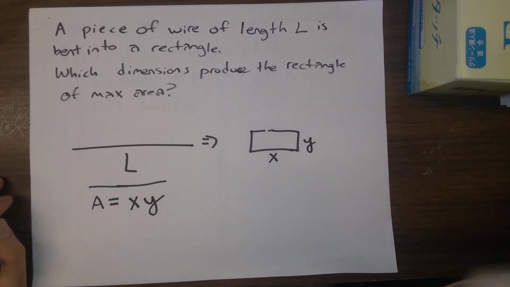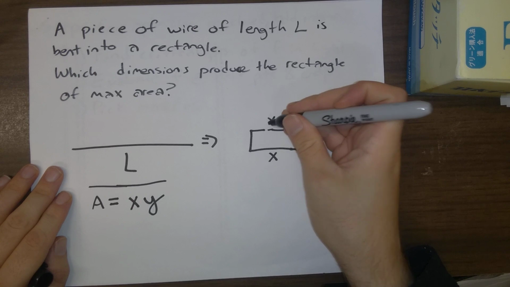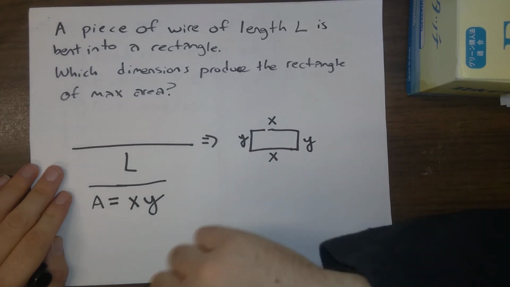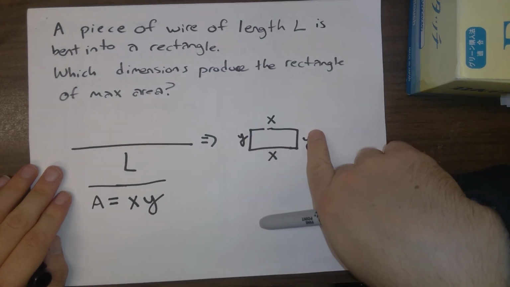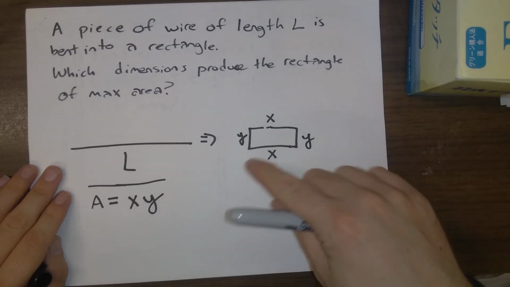Right now there are two variables going on, x and y. When you go on to take multivariable calculus, you will learn more about functions of two variables. But this isn't good for us right now. We want to get rid of one of the variables. The thing to realize here is that these two sides must be y, these two sides must be x. Think about what relationship we have between all of these variables.